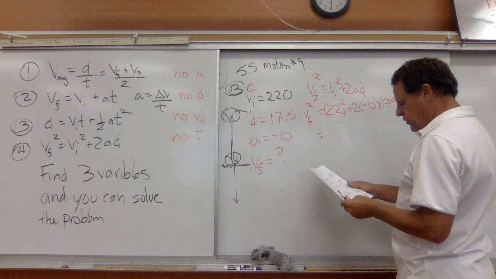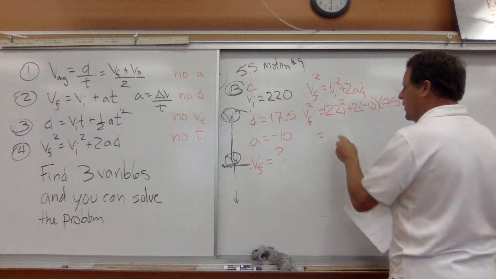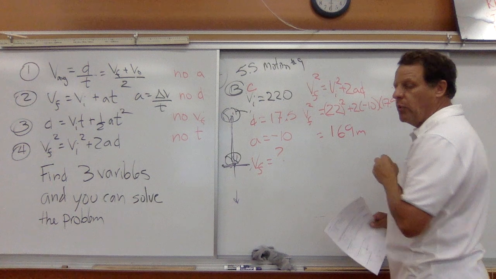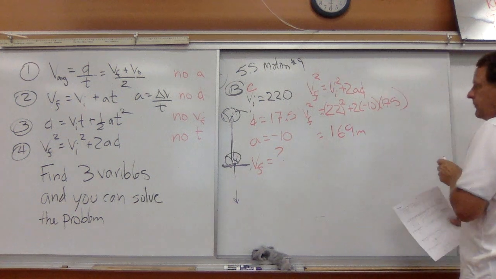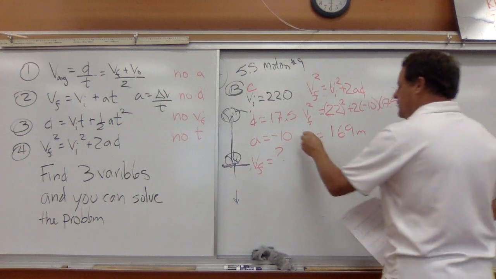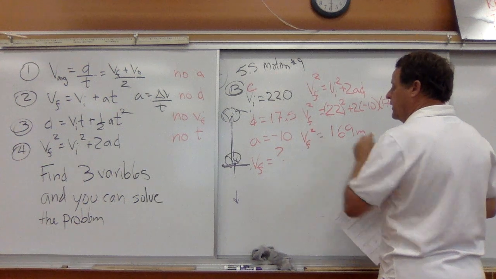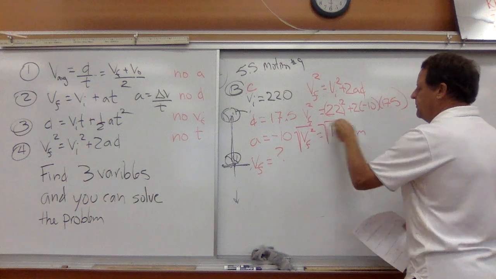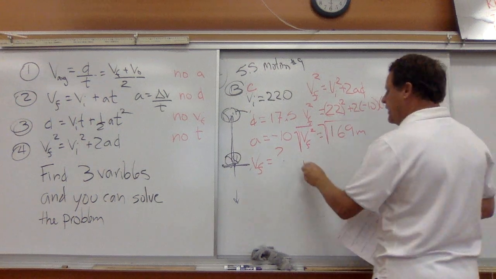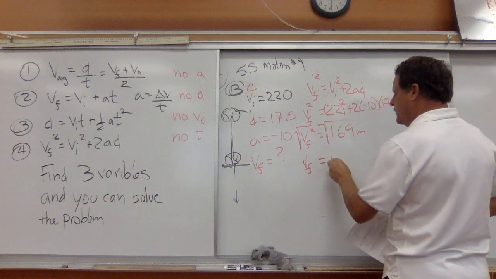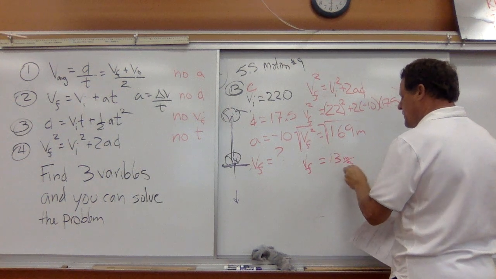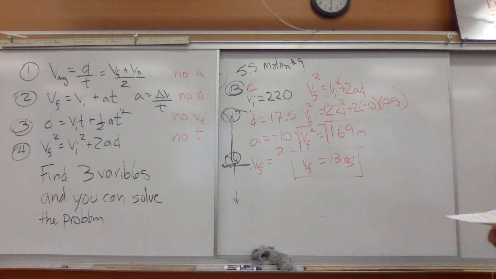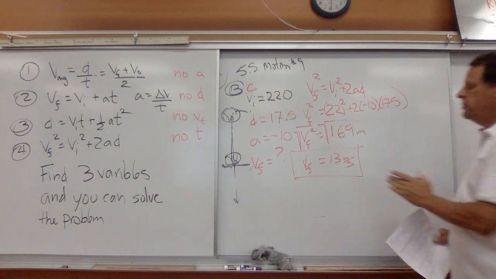When we do the math there, we end up with 169 point something, and that is equal to v final squared. If we want to get rid of the squared, we take the square root of both sides, and we get v final is equal to 13 meters per second.